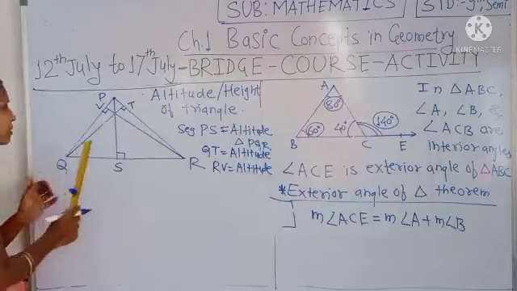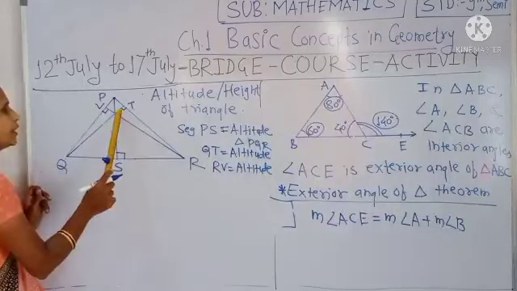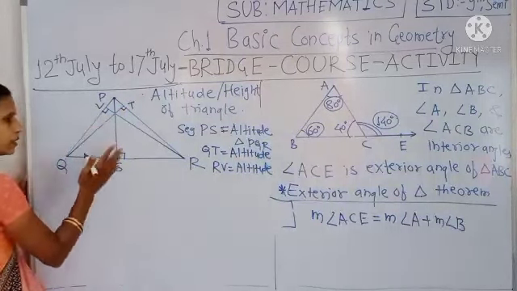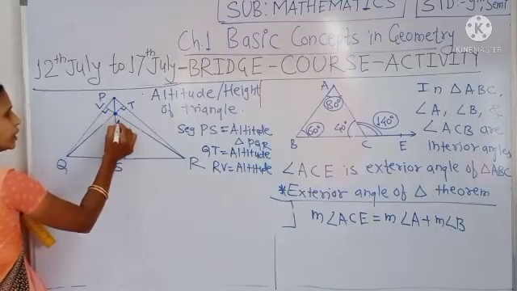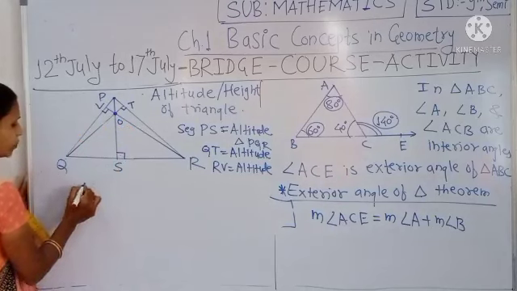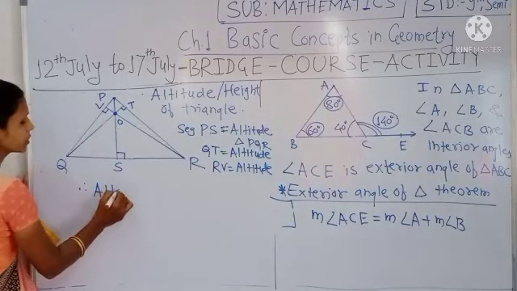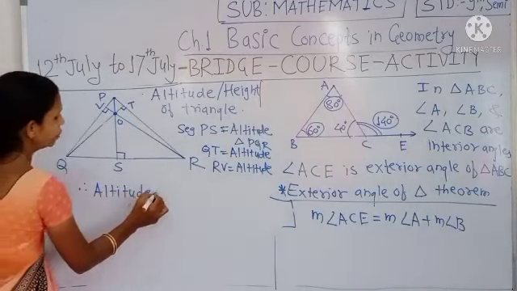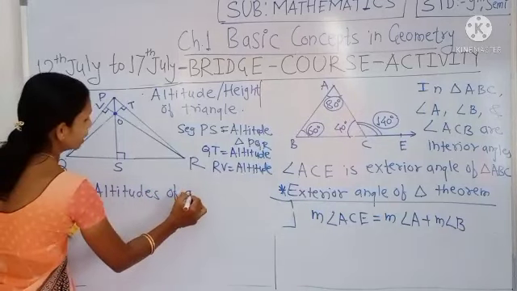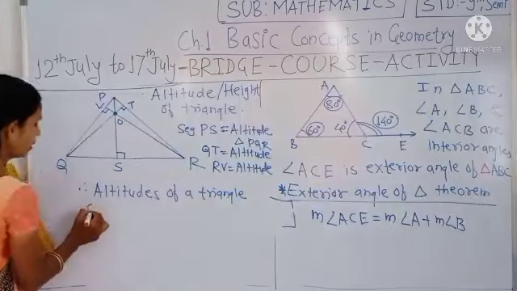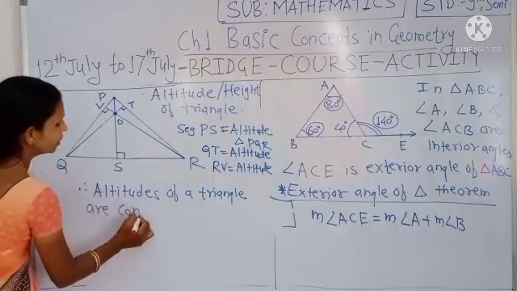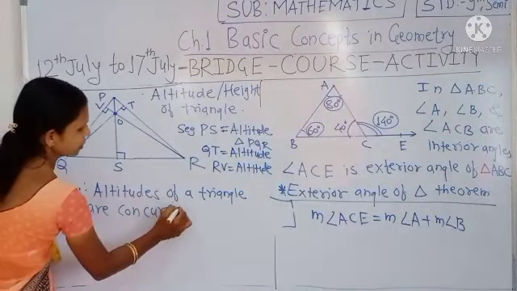All 3 altitudes of the triangle intersect in a single point, that is O. Therefore altitudes of a triangle are concurrent.